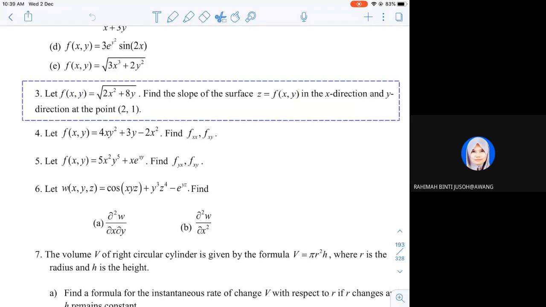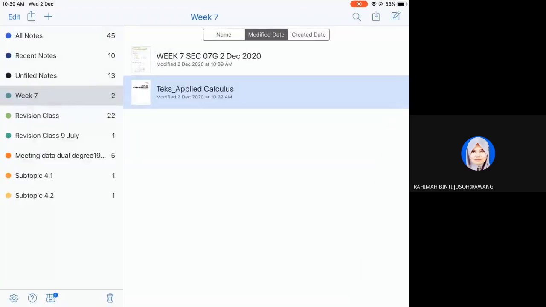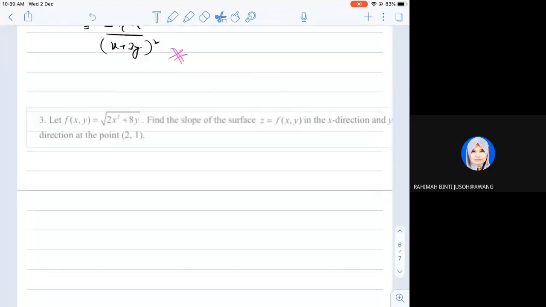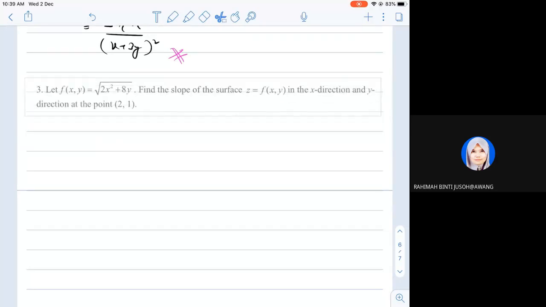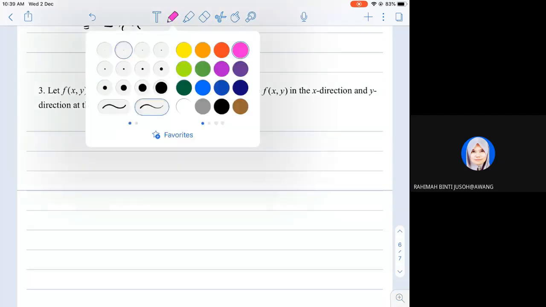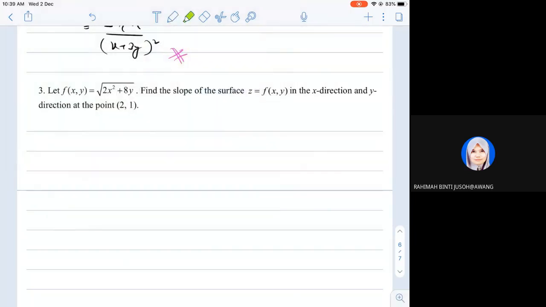Slope. Okay, slope of B. Again, in order to find the slope, we will have to differentiate. All right.